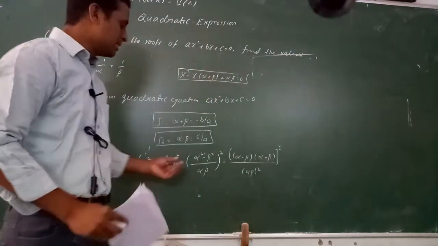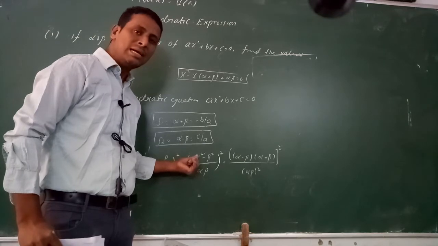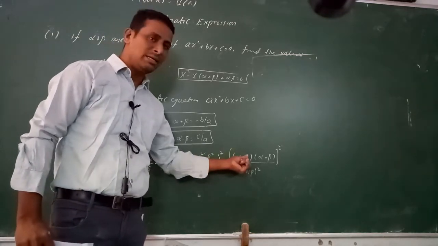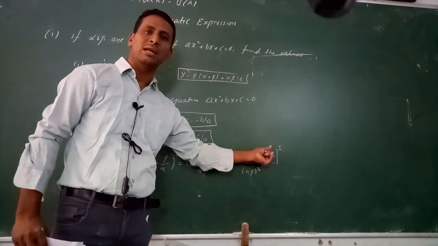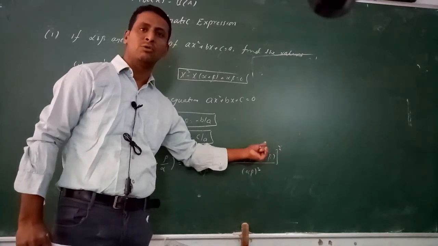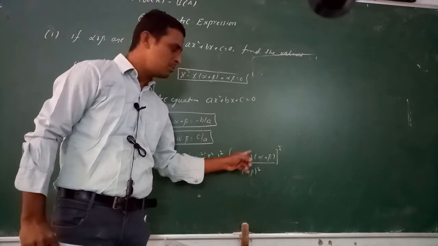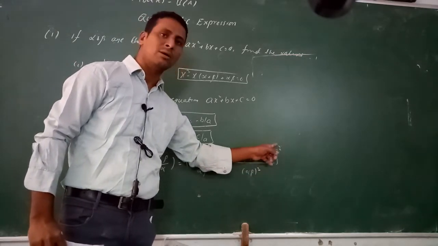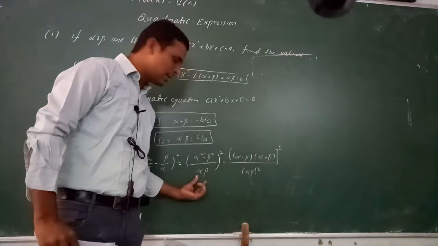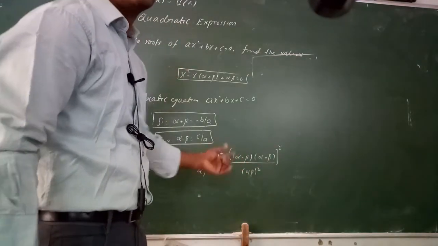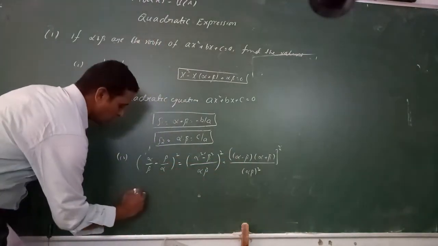By using the formula in the numerator, a square minus b square is equal to a minus b into a plus b. What is the a value here? Alpha. What is the b value? Beta. So alpha minus beta into alpha plus beta, whole square, by denominator alpha beta whole square.